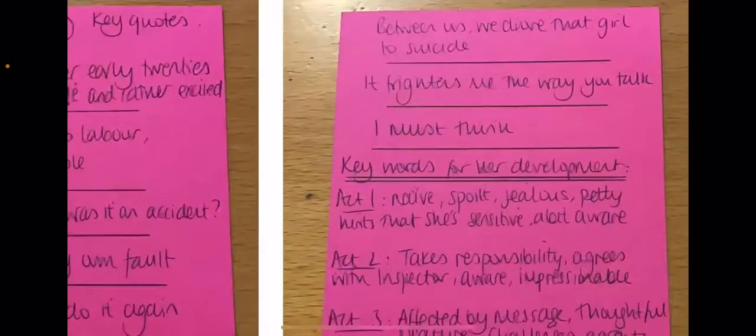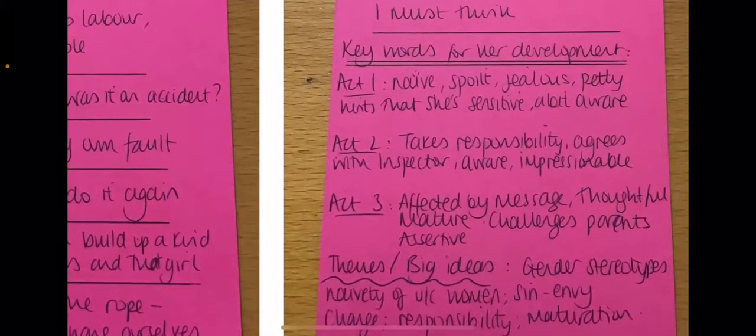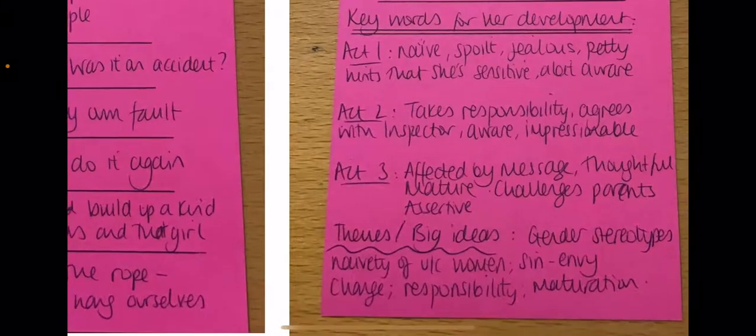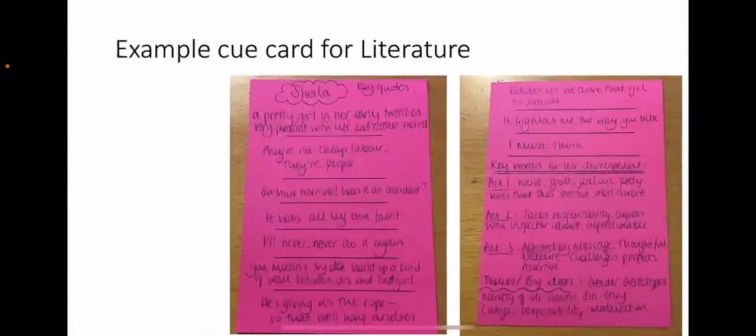And then after those key quotations, I've put some key words for her development, and I've used the key quotation sheets that we've been giving you, and I've also used the vocabulary sheets that we have available for each of the literature texts. I've then summarised at the end the big ideas or the themes that are explored through the character of Sheila. That's one example of how you can structure a flashcard for the literature exam.